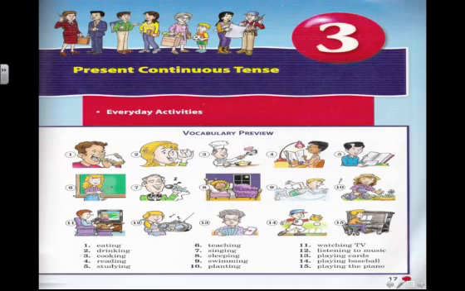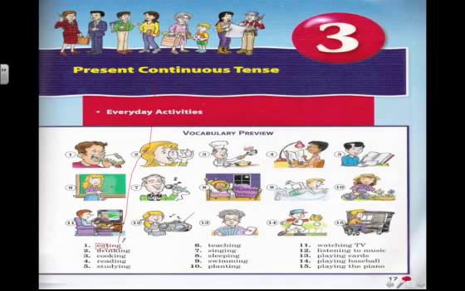So before we continue, let's look at number 1 here. What is the verb over here? The verb is eat. But we add what? ing. ing is what we call present continuous tense.